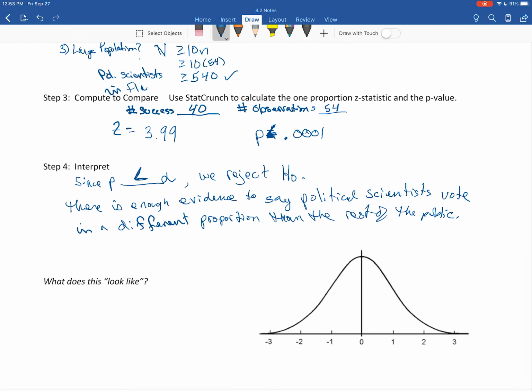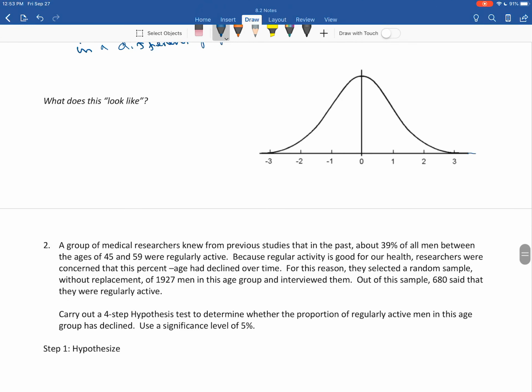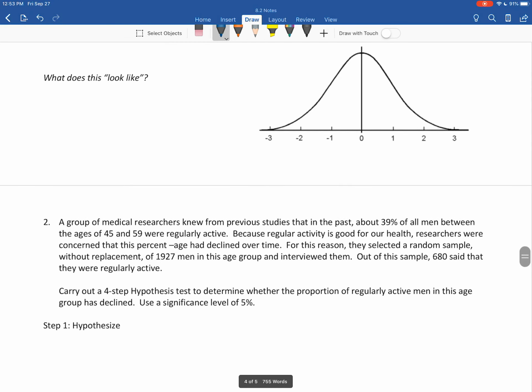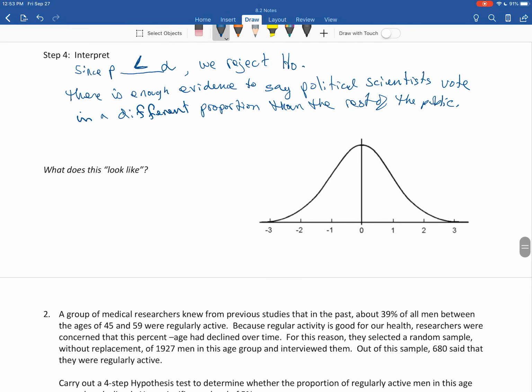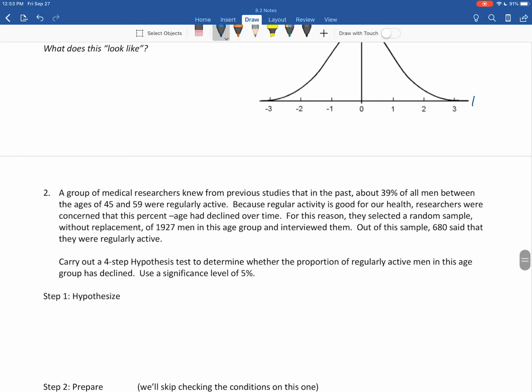Now, what does this look like? That's what comes up on that second page of StatCrunch if you choose to have it plotted. What this is saying is Z came out as 3.99, but this was a two-sided hypothesis. So what that means is way out here at about 3.99, that upper tail and farther out is what is shaded.